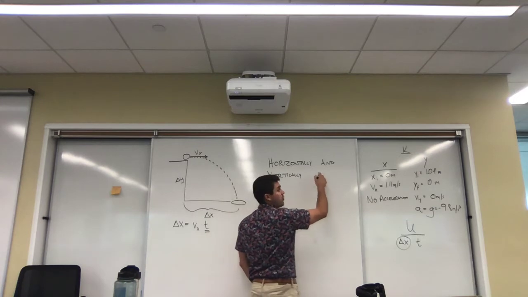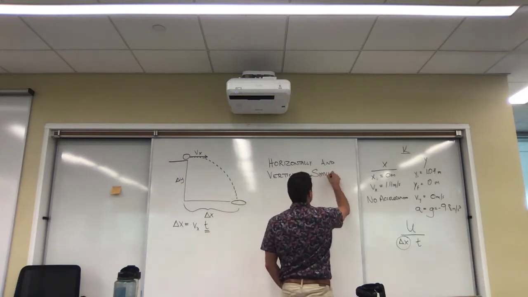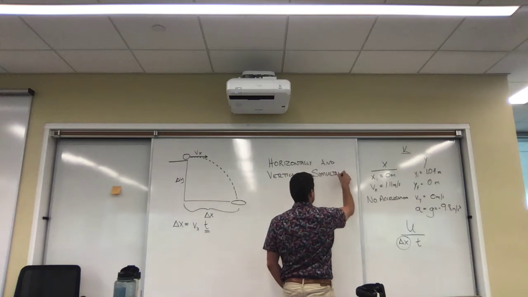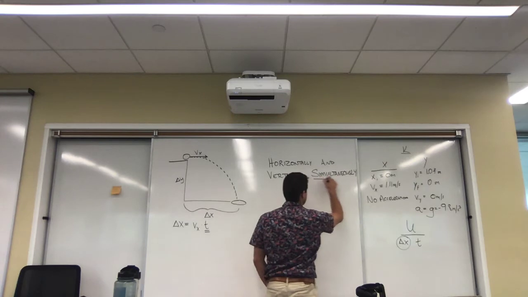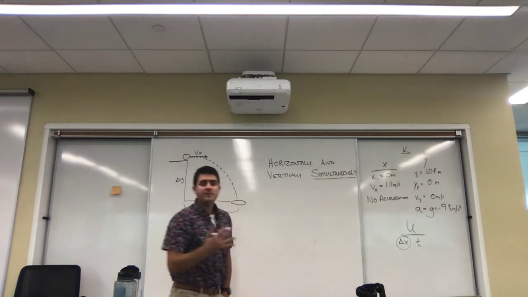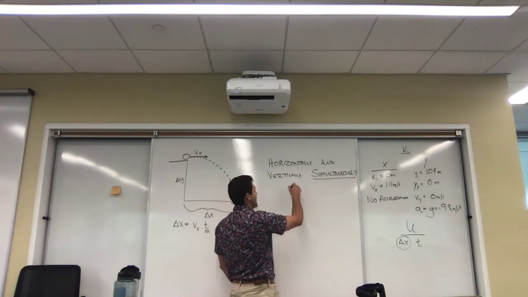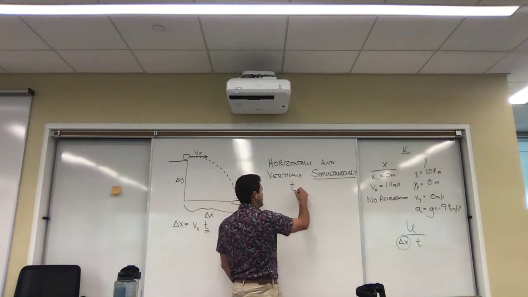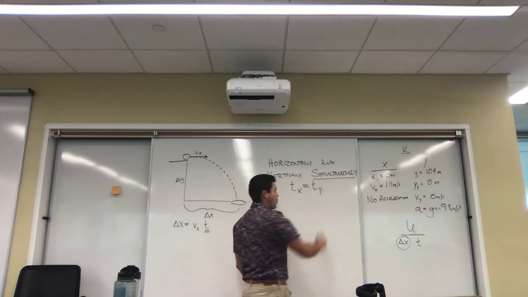And the most important word I think here is simultaneously. The reason that word is so important is because simultaneously means that time in the x direction is equal to time in the y direction.